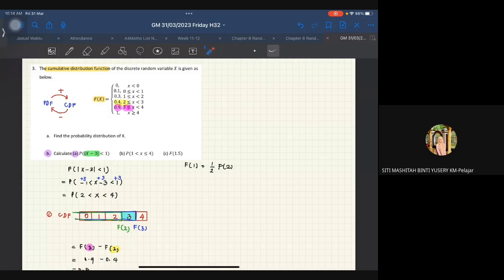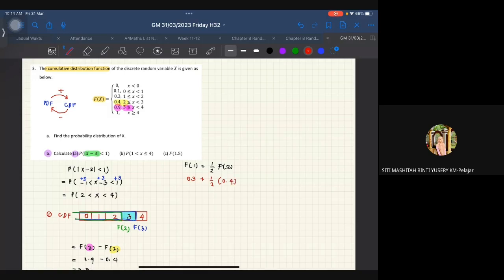Okay, so contoh daripada sini, apa value F1 awak? 0.3. F1 0.3. Okay, 0.3. Okay, and then? 1 over 2, F2 is 0.4.